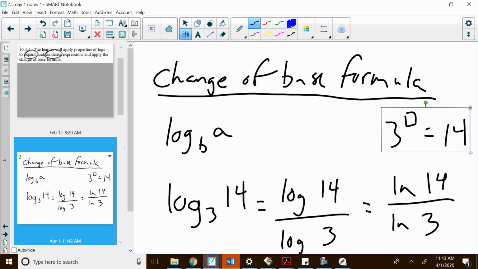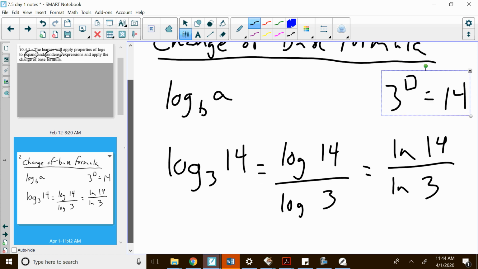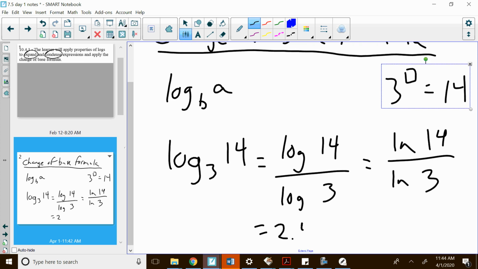Log of 14 divided by, close that parentheses down, divided by log of 3. And what you're going to get is 2.04. It's the same as if you did natural log of 14 divided by natural log of 3. You're going to get 2.04 as well. So 2.04 is what that log's value is.